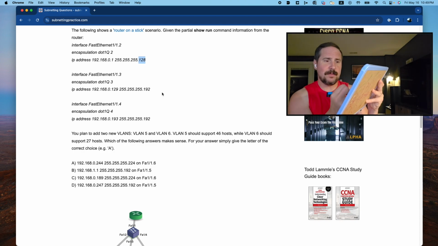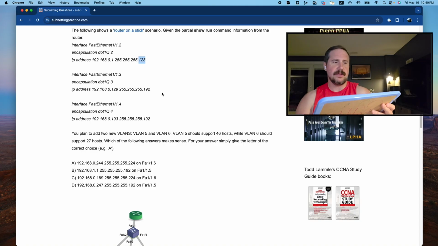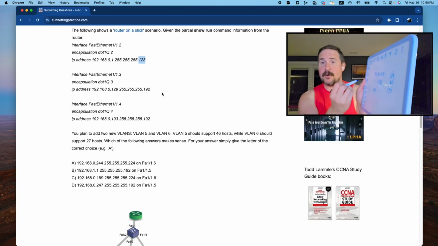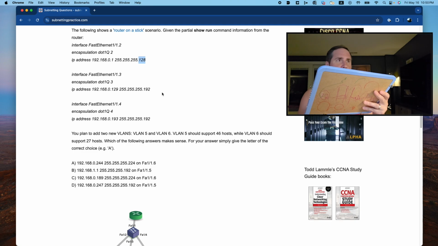The next one will be a block size of 64, so that's going to be 129 out to 128 plus 64, which is 192, which we actually already had right there. That was practically given to us. So this is going to go from 129 to 192.